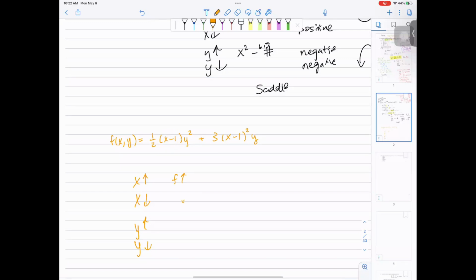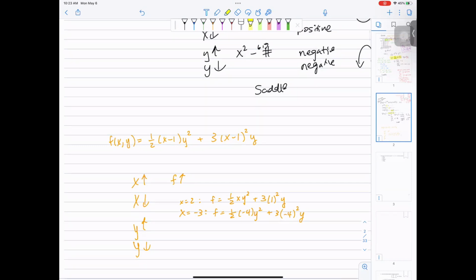For example, if x is 2, you get f equals 1/2 xy squared plus 3, 2 minus 1 is 1 squared, y. What if x is -3? Then f is 1/2 -4y squared plus 3 -4 squared y.